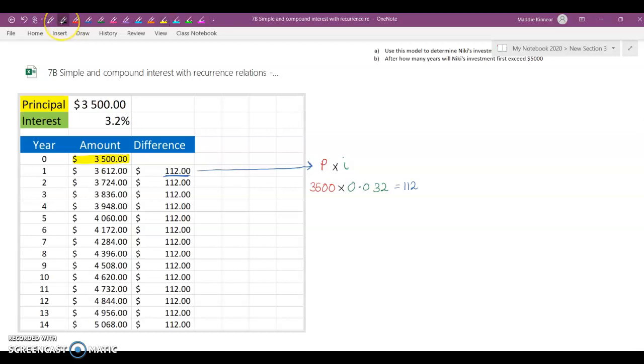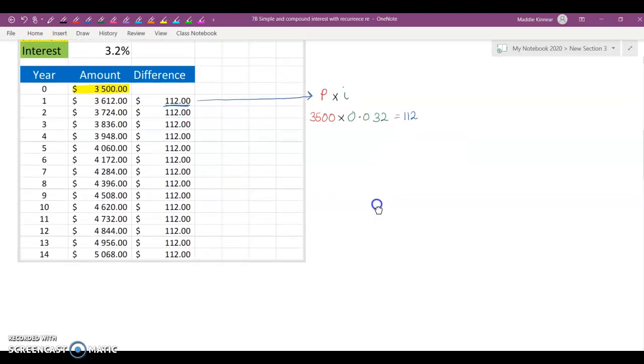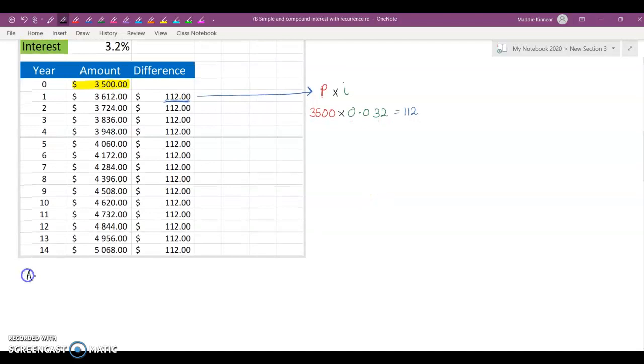So when we think of recurrence forms, remember there are two bits of information we give. We give the starting point and the way that we move from term to term. So in this case, our starting point, A0, is going to be equal to 3,500, which is our principal. And then what we're doing from term to term, well, if we look where we move to next, we move to this value, which is $112 higher. And then from that value to the next value, we move up another $112.